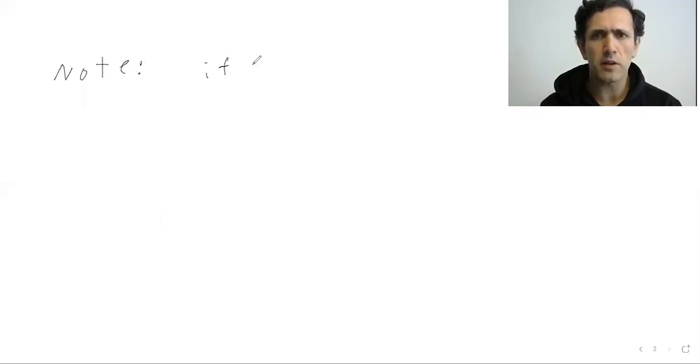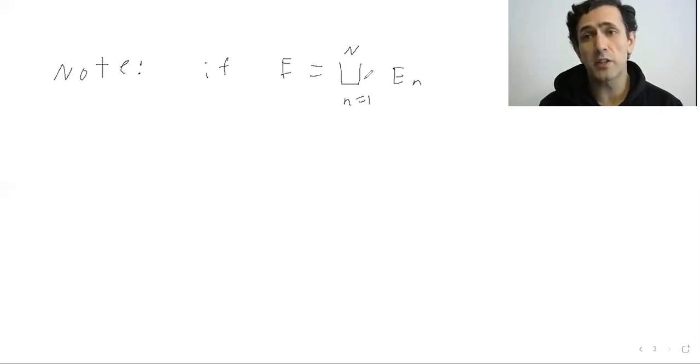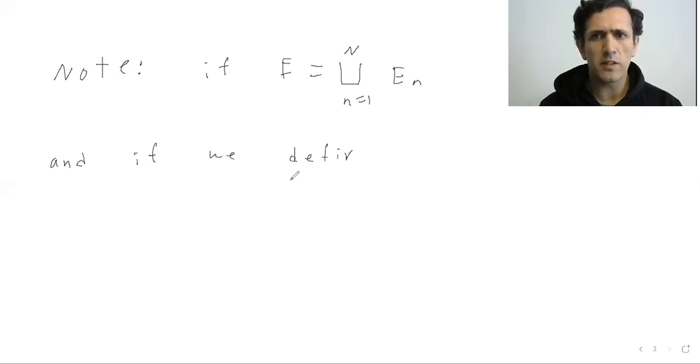In particular, if E is a subset of the real line and E can be written as the following finite disjoint union of these subsets of the real line E_n, well, let's define E_n for n bigger than big N to be the empty set.